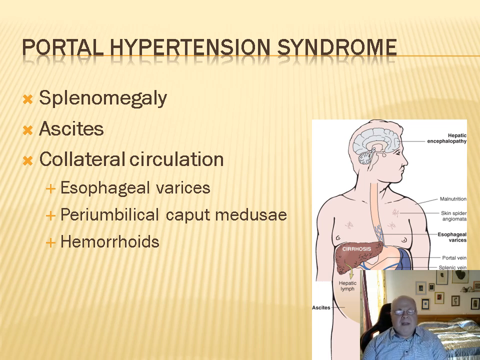The other two branches, the inferior and superior mesenteric vein, are draining, as I said, blood from the intestinal tract. By stasis in these branches, the pressure in the capillaries will be higher in the wall of the intestinal tract.